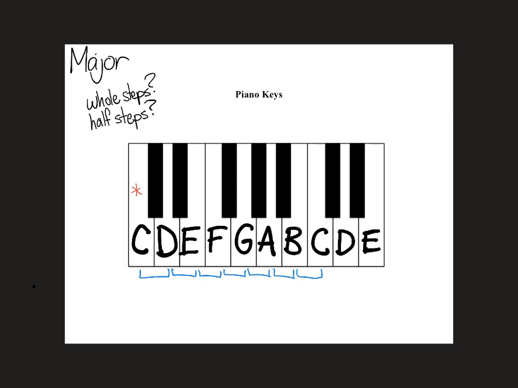So we can do some audience participation type of thing. This will kind of feel like an episode of Dora, but I will pause in between every note and ask you the same question. So we are going to start with the first two notes, between C and D. Is that a whole step or a half step?